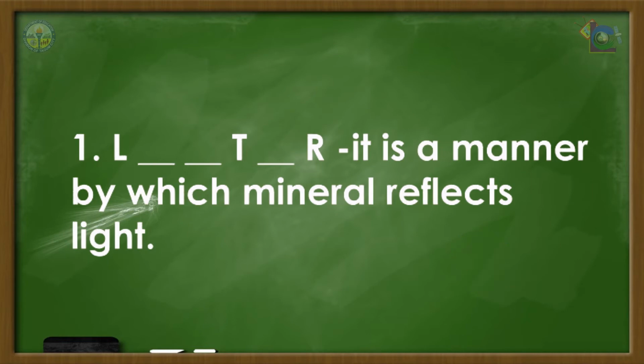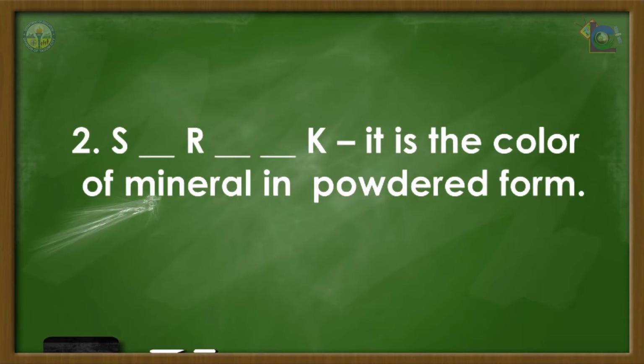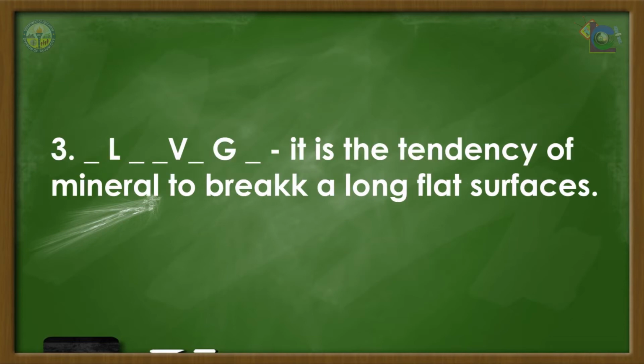Correct! It is luster. Number 2. It is the color of mineral in powdered form. You are right! It is streak. Number 3. It is the tendency of mineral to break along flat surfaces.